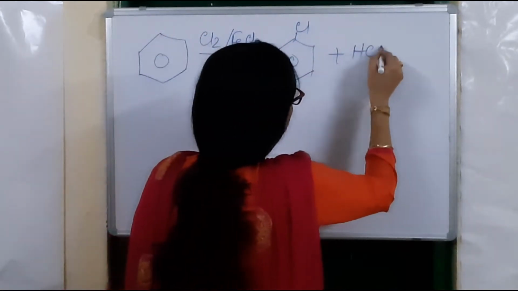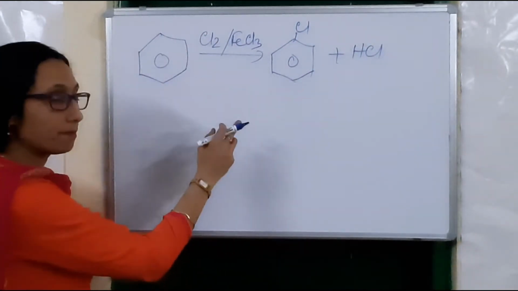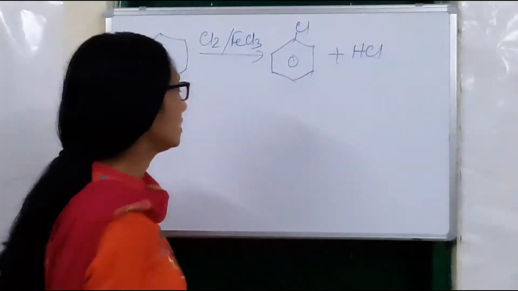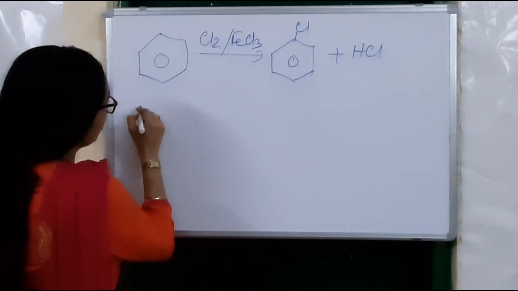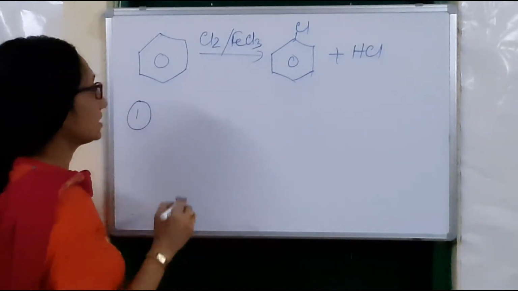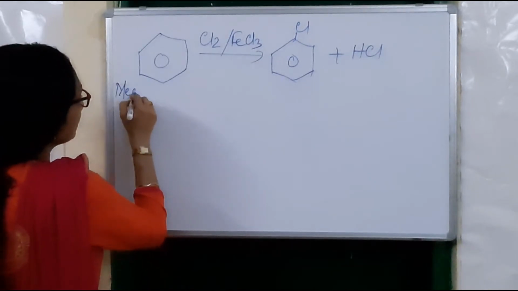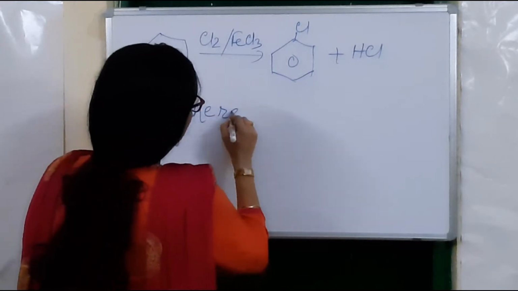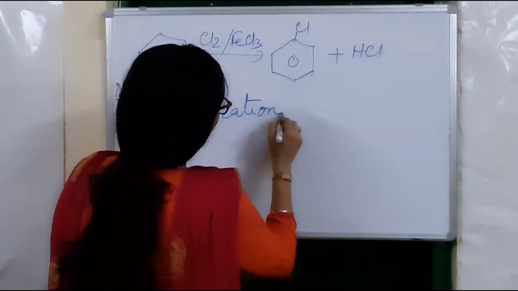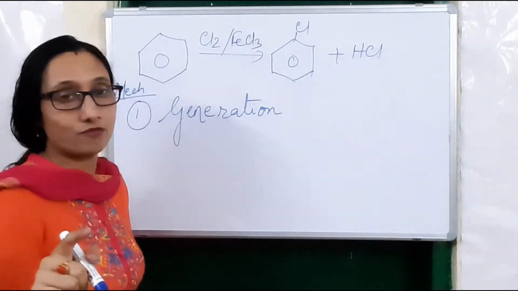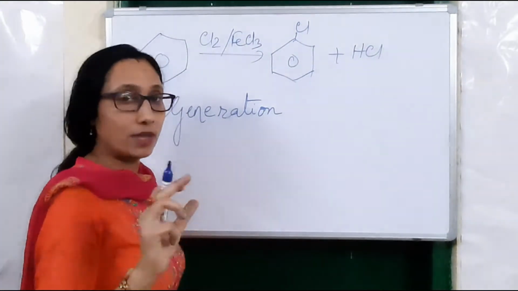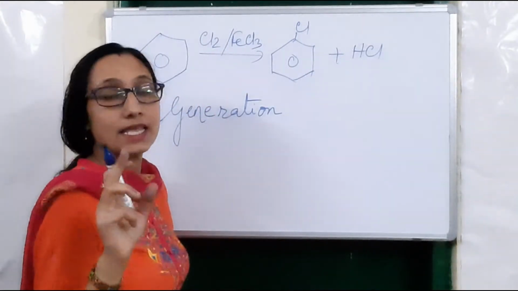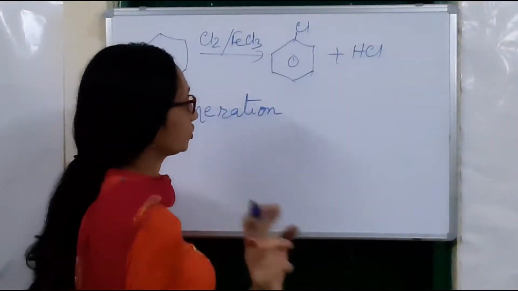Chlorobenzene plus HCl. So this is an example of electrophilic substitution reaction. So in electrophilic substitution reaction, the first step involves the generation of electrophile. So write in your copy, mechanism of chlorination of benzene or mechanism of halogenation of benzene. Within bracket write electrophilic substitution reaction.